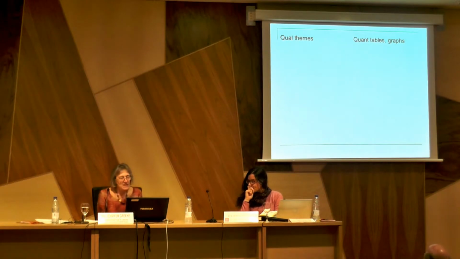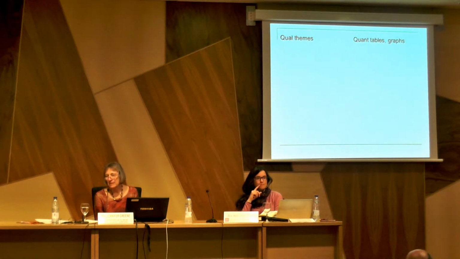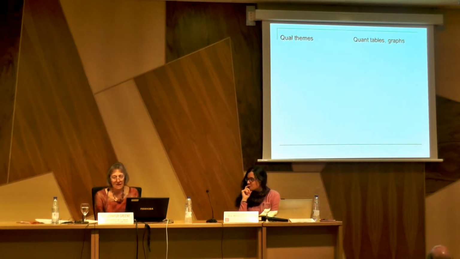They also generated some quantitative tables and graphs to try to quantitatively summarize how many times a child with a disability interacted with another child, where did this happen. So it was various variables that were reflected in these two methods, and quite similar variables by intention, by design.